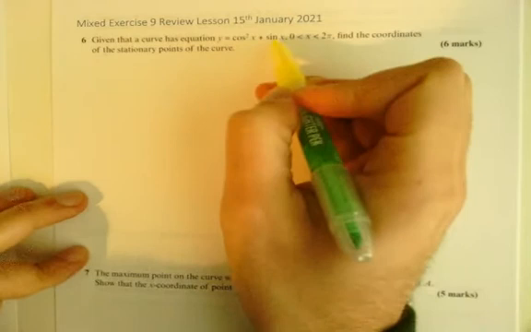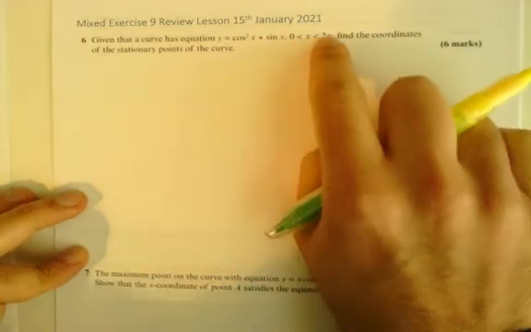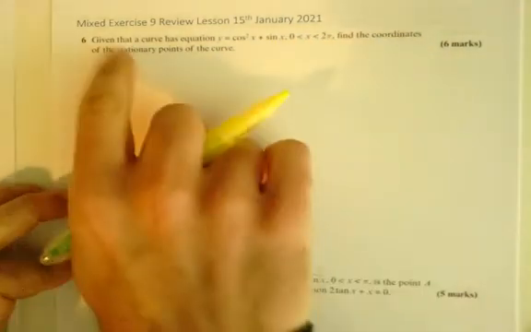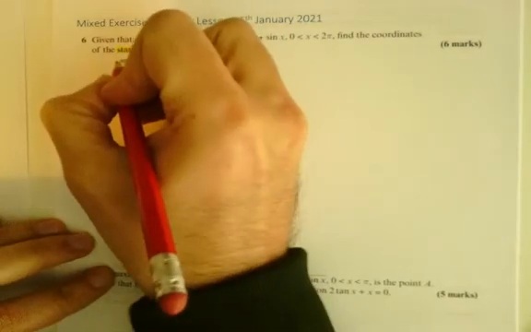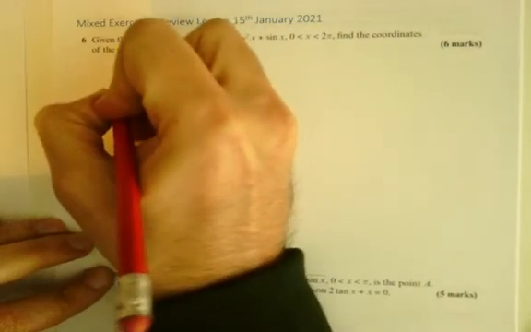Given that a curve has equation y equals cos squared x plus sine x, when x lies between 0 and 2 pi, find the coordinates of the stationary point. Right, so remember, stationary point, what does that mean? It means where the graph either bottoms out or tops out, or possibly a point of inflection, and it means effectively that dy by dx equals 0.